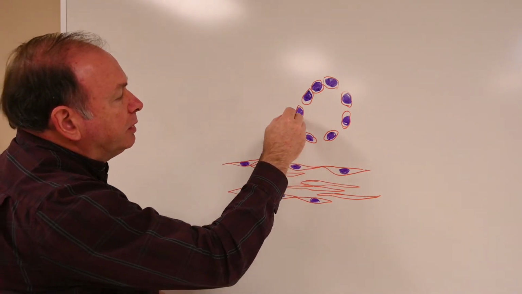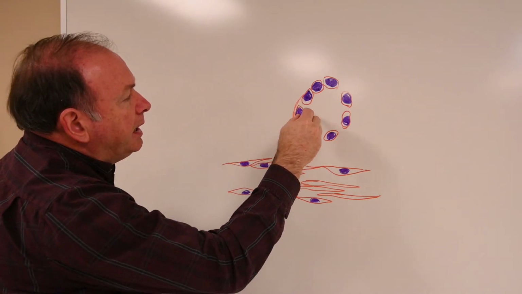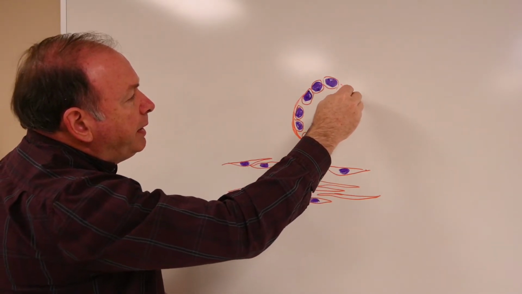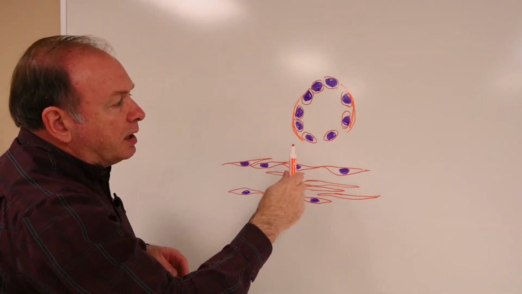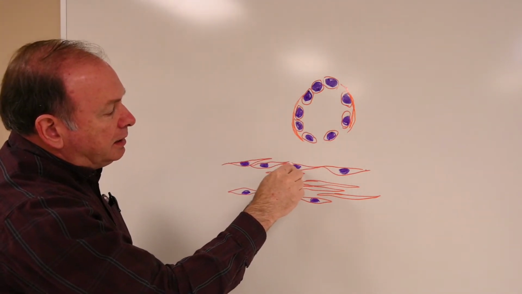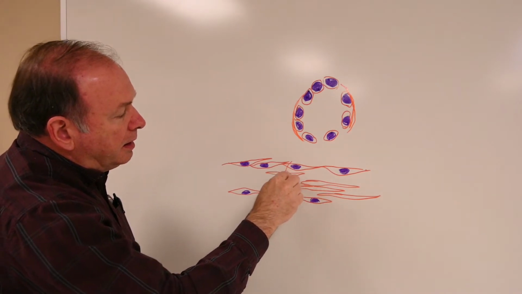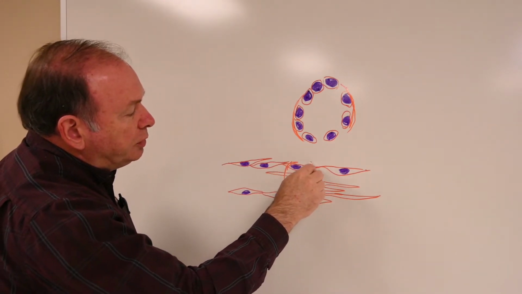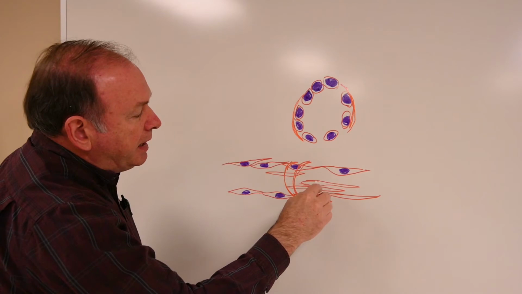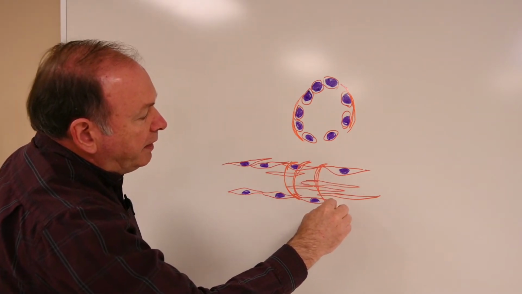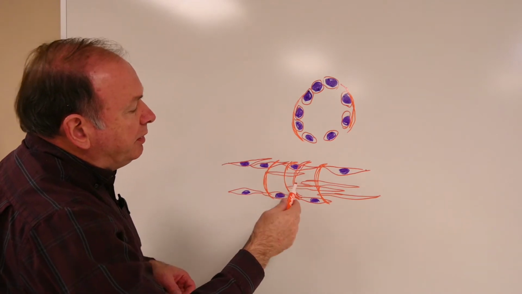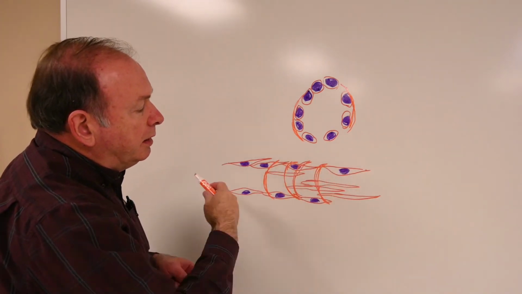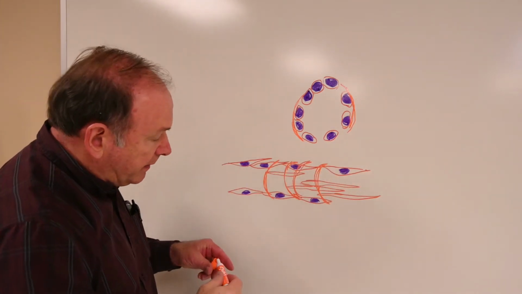I'll use it here. So anyway, there would be a bit of basement membrane out here, but it's discontinuous in the cross section, and in a longitudinal section it would make very loose bands of basement membrane material that kind of surround and loop around the splenic sinuses.